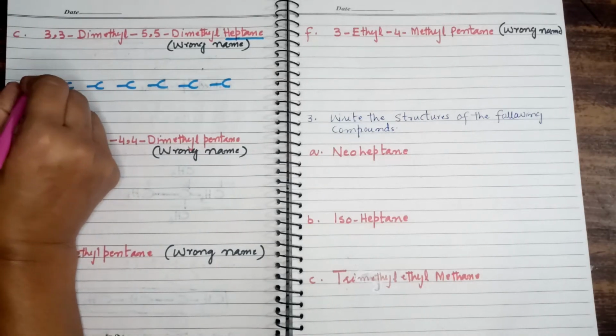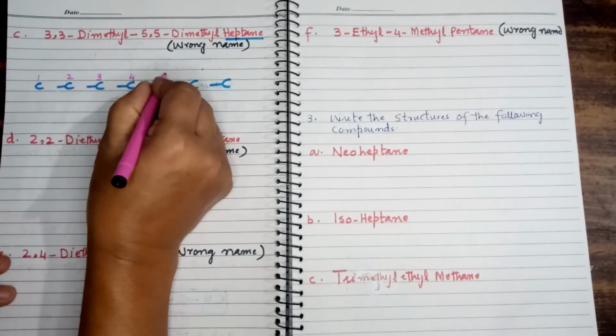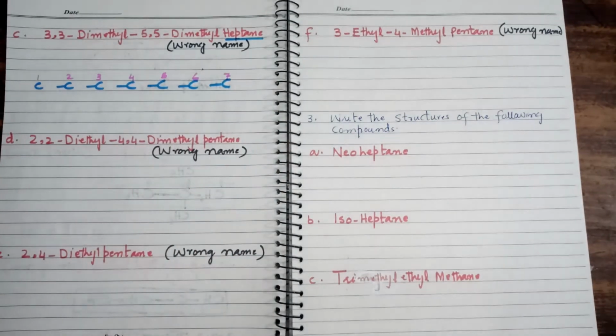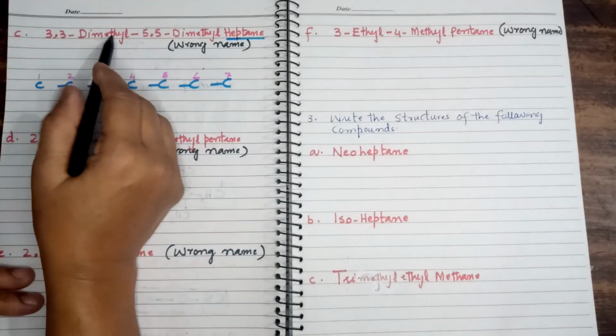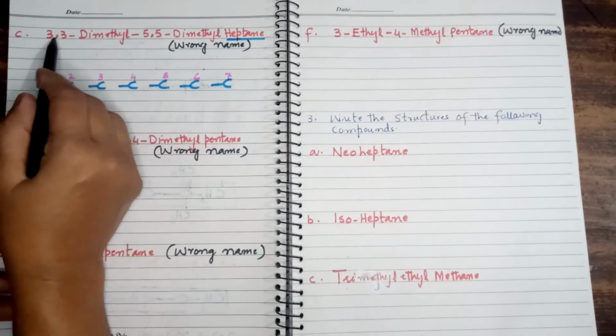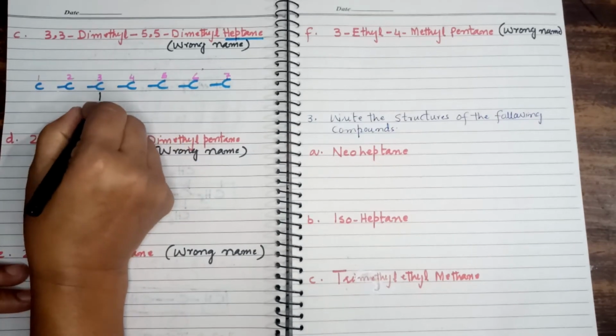Do the numbering by any way. 1, 2, 3, 4, 5, 6, 7. Right students? Now in the structure, dimethyl shows there are 2 methyl radicals. Right? What are their positions? 1 methyl radical is attached with carbon number 3 here.